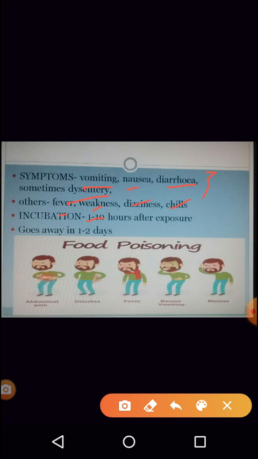That is, once the toxin, not the organism, enters your body, within 1 to 10 hours the person starts showing symptoms. And within 1 to 2 days, the person recovers also. So the disease is actually self-limiting.